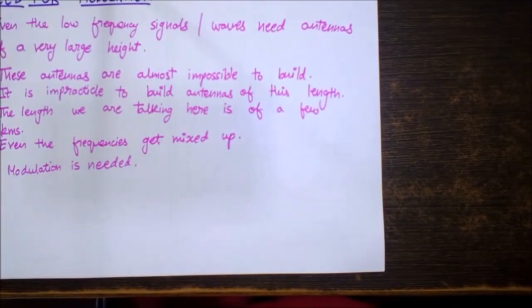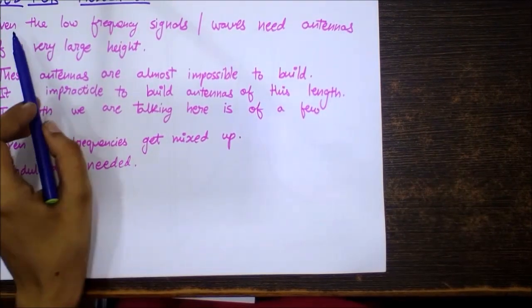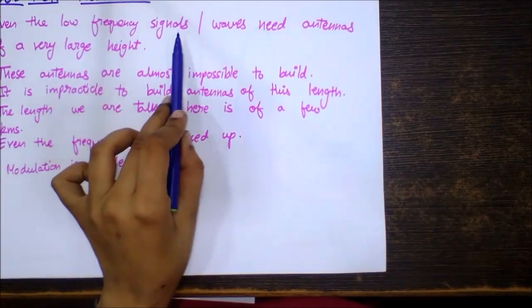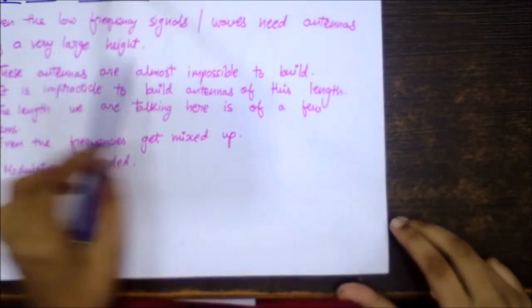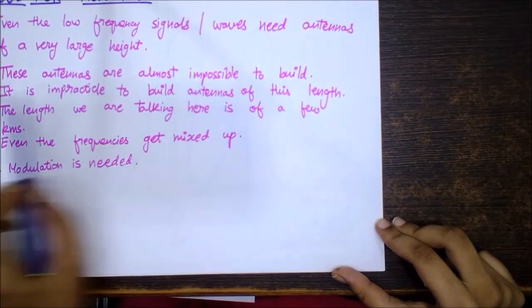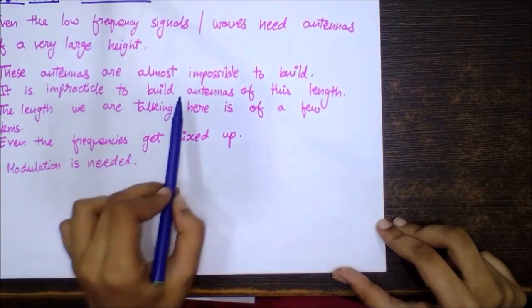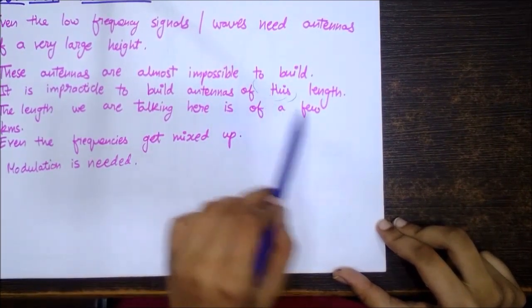Now, why the need for modulation? Even low frequency signals or waves need antennas of very large height. These antennas are almost impossible to build. It is impractical to build antennas of this length. When we say this length, it is a few kilometers.